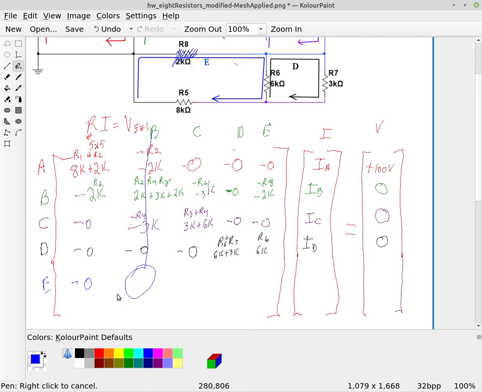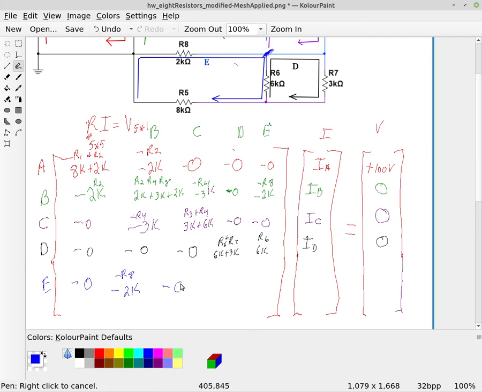So we have the BE and the EB. Those both have to be the same, right? Because we're sharing this resistor R8. So that's resistor R8. So we're going to subtract off resistor R8, which is a -2K right here. Now we've got E and C. Now E and C only touch at that node, so there's no resistance.